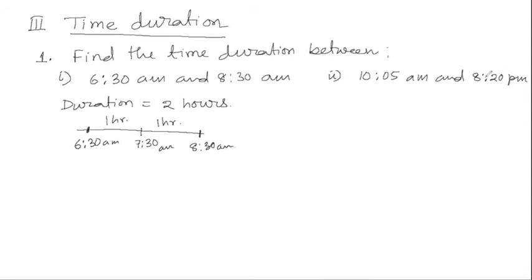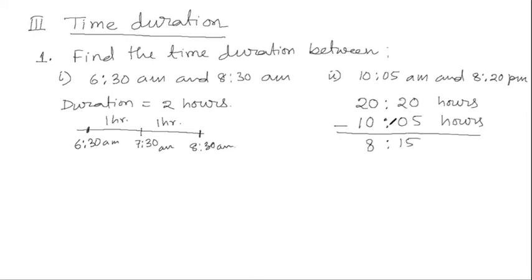And 8:20 PM will be 8 plus 12, that is 20 hours, so 20:20. Then you subtract and you get the time duration: 8 hours 15 minutes.